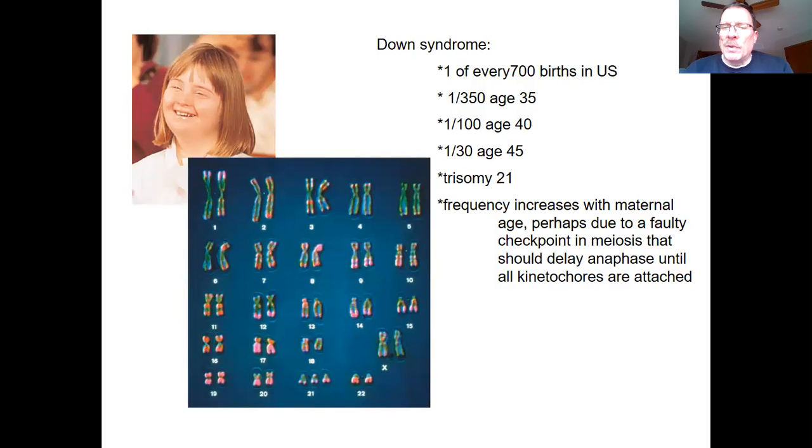That changes to one out of 350 after age 35, 1 in 100 at age 40, and 1 in 30 at age 45. I think those numbers have gone a little bit, 1 in 700 or 1,000, but you can see that when you hit the age of 40 you drop by quite a bit to a 1 in 100 or 1 in 30 deal.